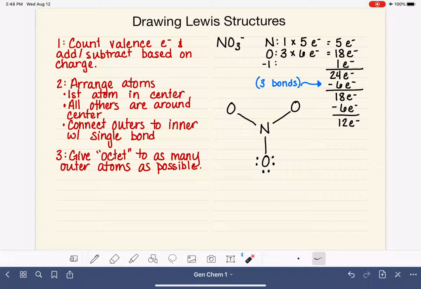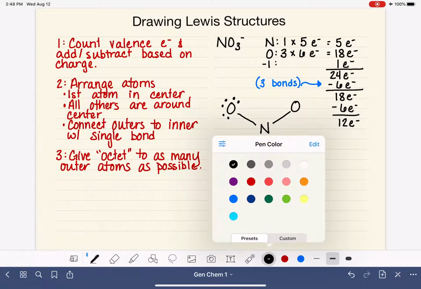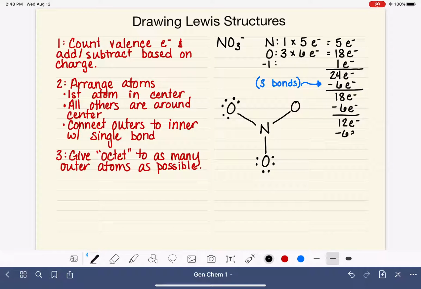Now let's move on. Let's just choose this guy right here. This oxygen atom has 2 electrons in the bond, so it wants another 6. Remember, they all want to have 8. So we just used up another 6 electrons. That means we have 6 more left. And then we have one more oxygen atom. Same thing. It has 2.